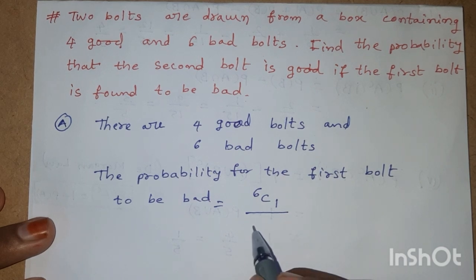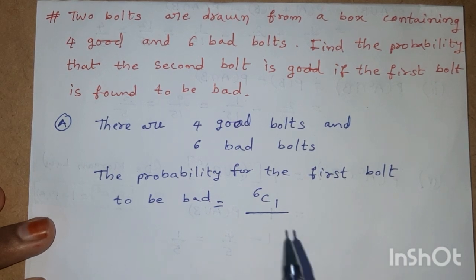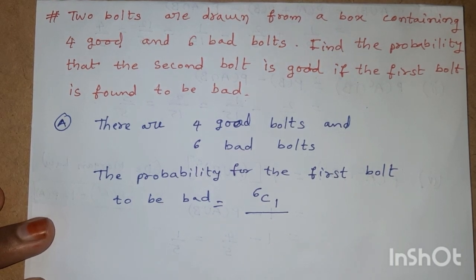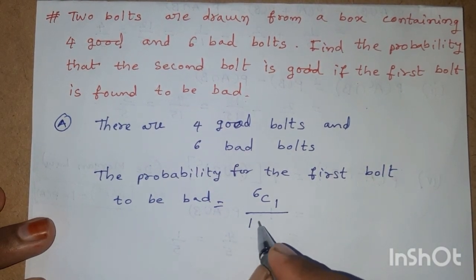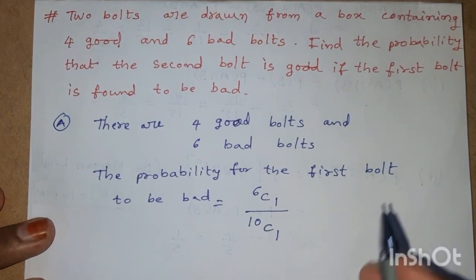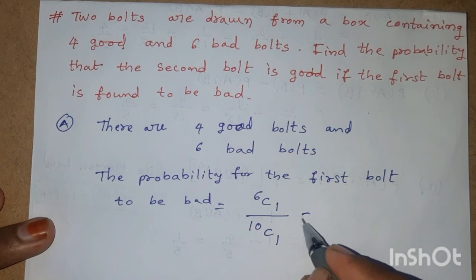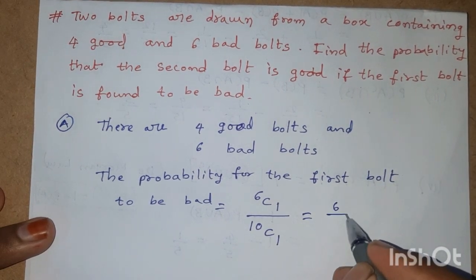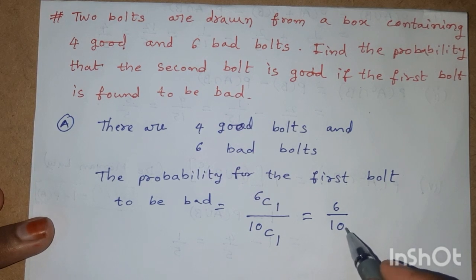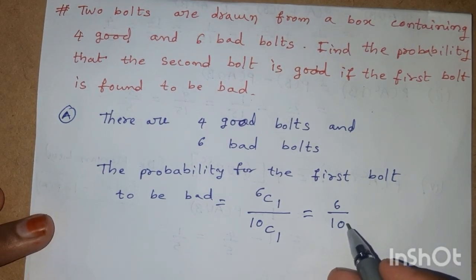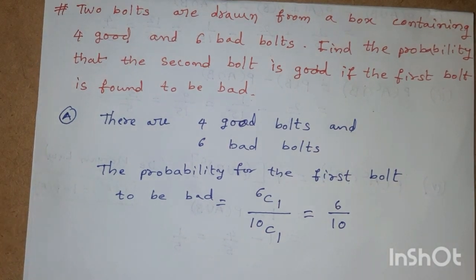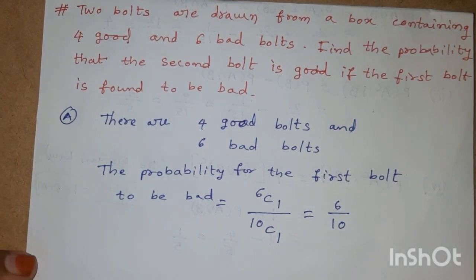Number of exhaustive cases: we have to select a single bolt, whether it is bad or good, among 10 bolts, therefore 10C1. This is the exhaustive cases. 6C1 over 10C1 means 6 by 10, therefore 6 by 10 is the probability of getting a bad bolt. Okay, the first bolt is bad, the second must be good.